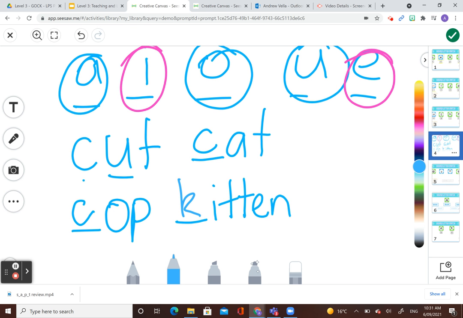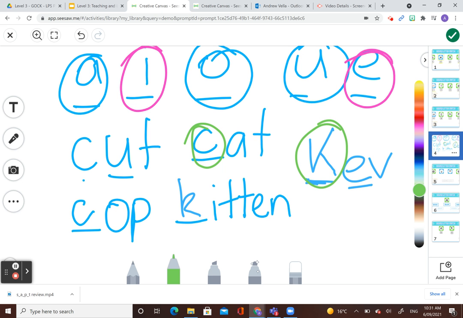Let's say my next word or name is Kev. Again, I hear the k, et, v. Because the et is closest to this k, that means I need to use a K. So that's the difference there when we need to use our K and our C. It depends on what vowel is closest to it.